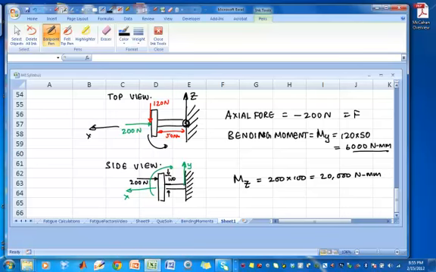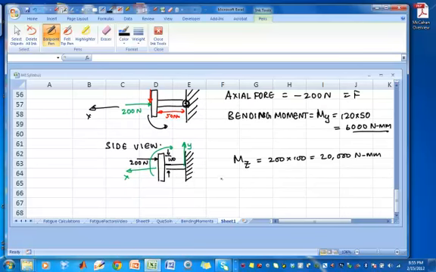Okay, so now we are ready to compute M, the total moment. How much is the total moment? This will turn out to be square root of My squared plus Mz squared, which turns out to be square root of 6,000 squared plus 20,000 squared, and that turns out to be 20,900.